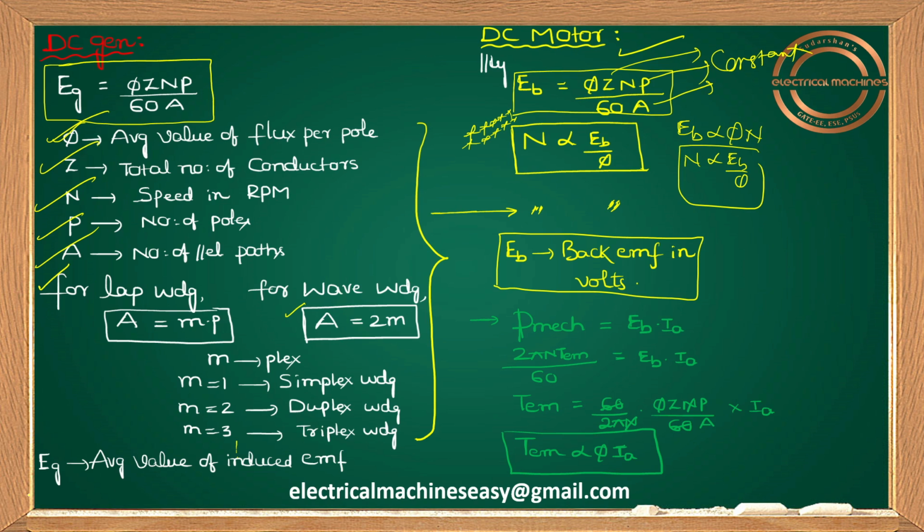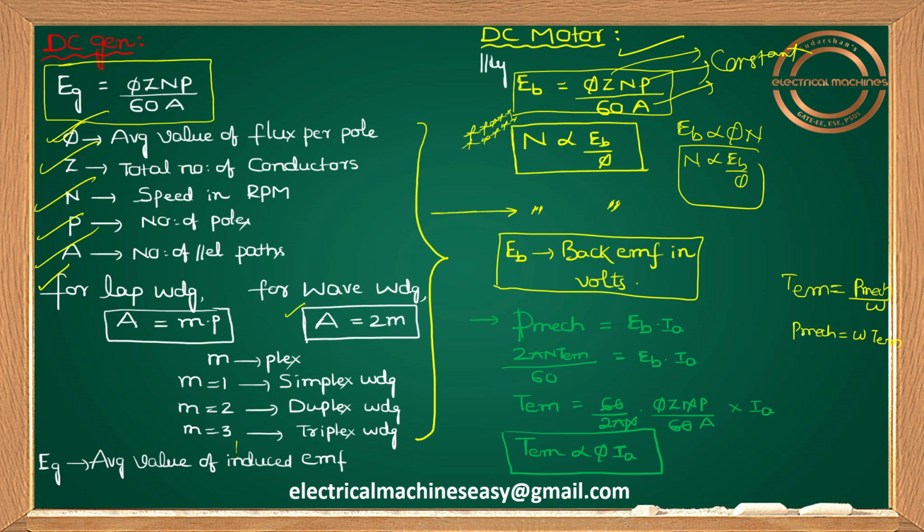And see one more thing. In a DC motor, because of motor action, some torque is developed. This torque is what I call the electromagnetic torque. Electromagnetic torque is equal to the mechanical power developed in the DC motor divided by omega. So P mech is equal to omega into Tm.